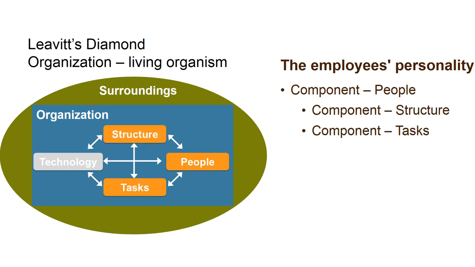The employee's personality certainly influences the design of the components, structure, and tasks. There is a big difference whether we are dealing with independent employees who want to work, or with employees who only go to work to make money as easily as possible.